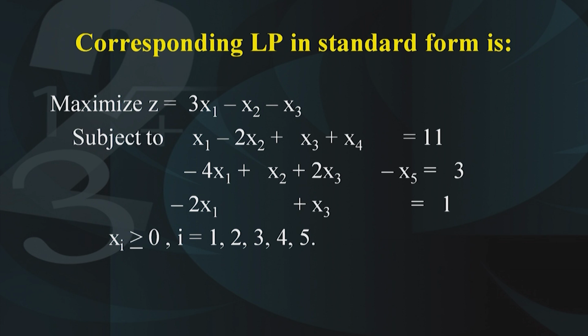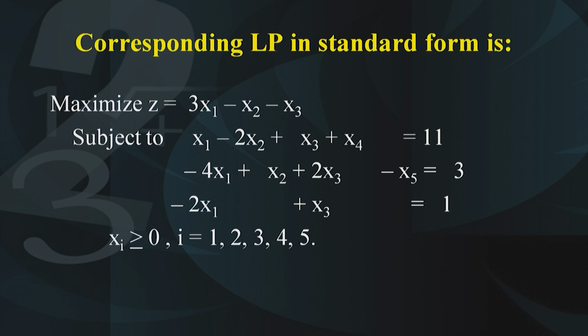So, we get the equation minus 4x1 plus x2 plus 2x3 minus x5 is equal to 3. Please note, x5 should be greater than or equal to 0.